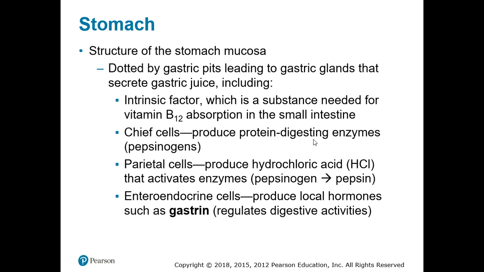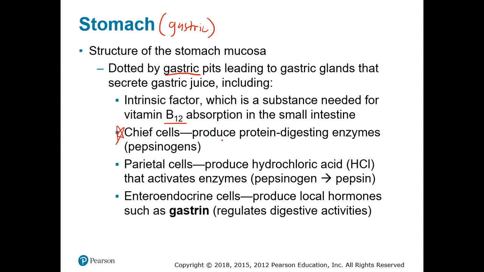In terms of your stomach mucosa, it has a lot of something called gastric pits in it. Gastric is associated with stomach, so I'm going to put that up here. Within gastric pits are gastric glands that secrete gastric juice. Gastric juice is composed of several things. Some major ones that we're going to talk about here are intrinsic factor. This is needed for B12 absorption. Chief cells.